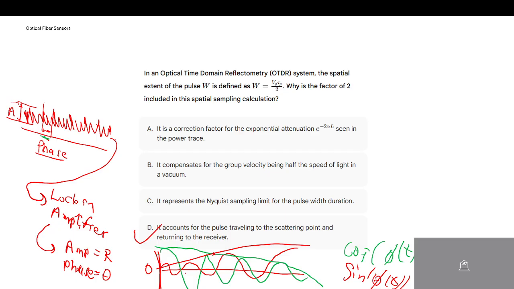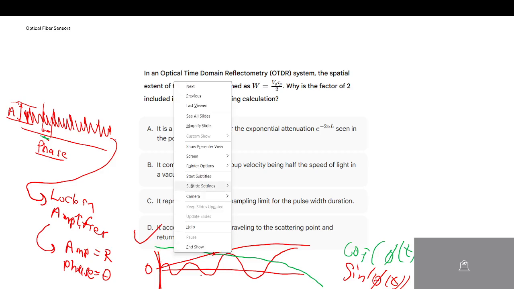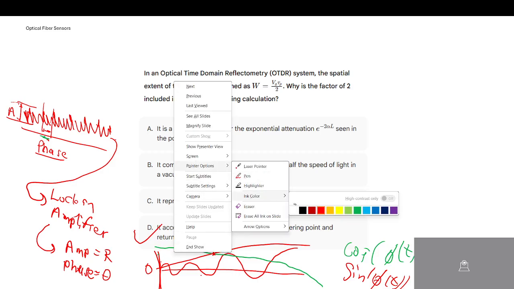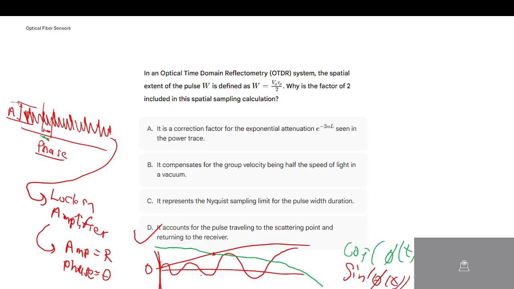But if you see, I need to shift it a little bit so you can understand. If you see here, green I want, yeah, this one.